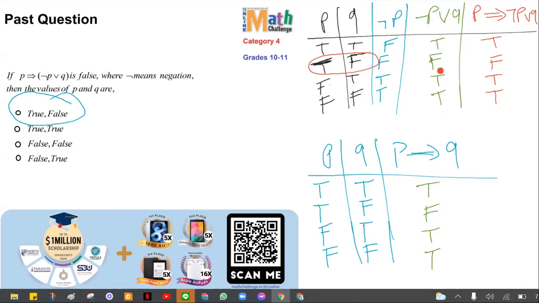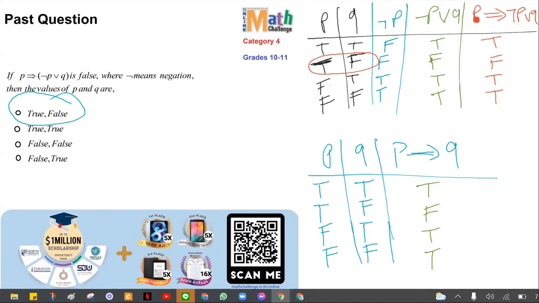It comes false only if P is true, but this part is false. You say that if you do this, I will do this. If the condition is done but the result is not done, that case is wrong. In all other cases, this statement is considered true.